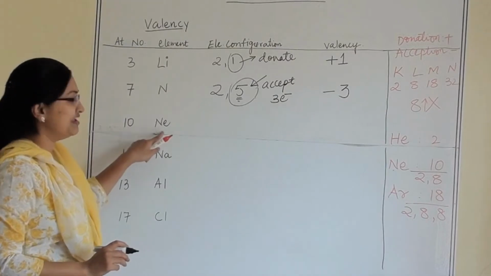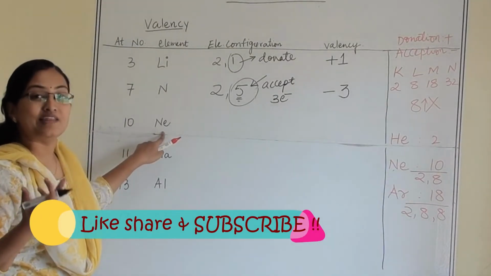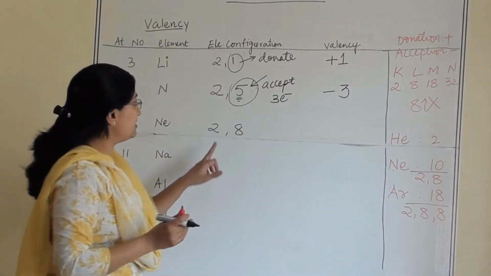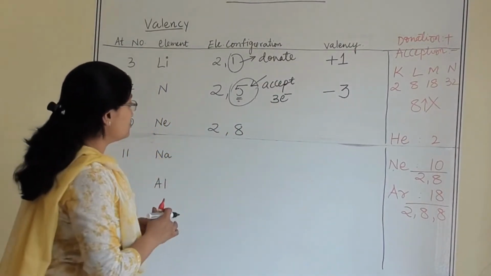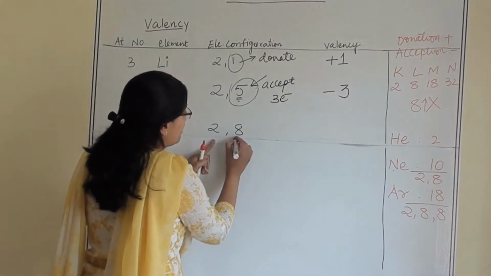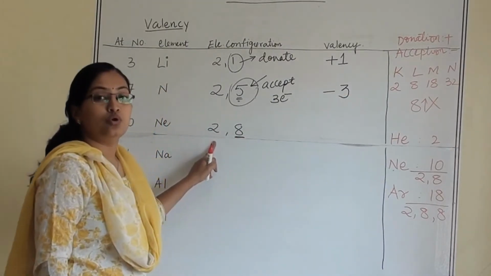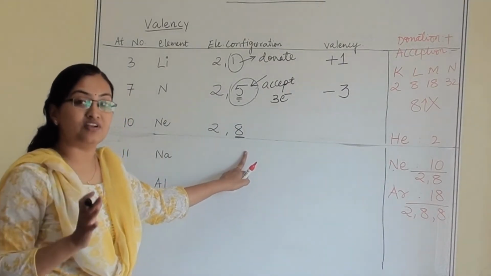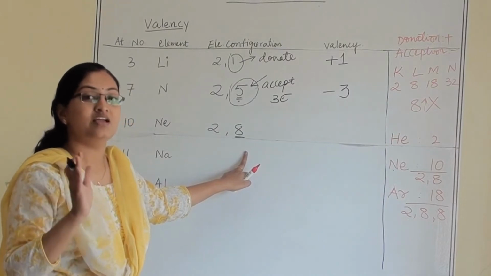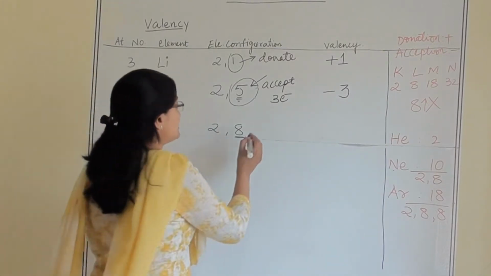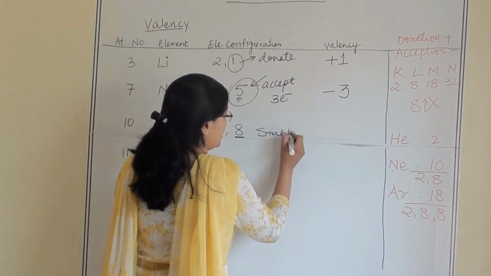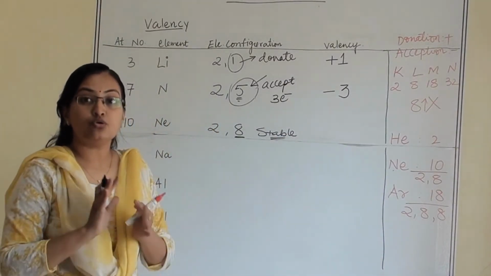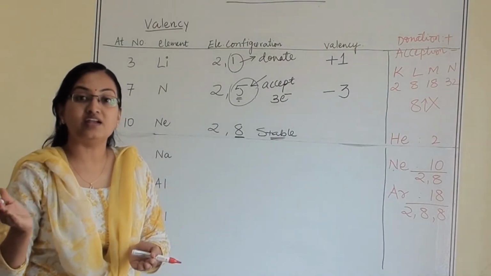Here neon. Let us see what will be the valency of neon. Electronic configuration will be 2, 8. So if you see here, there is no possibility to add any electron. This valence shell is completely filled. Neon's last shell is completely filled. So it is stable. It does not want to accept any electron, or it does not want to donate any electrons.